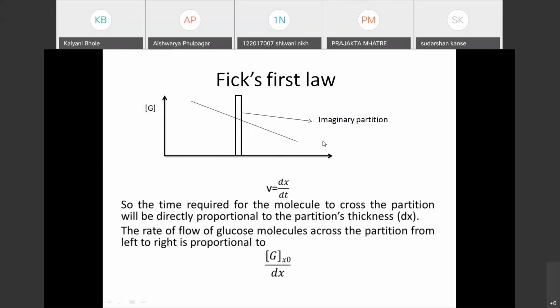At an instant of time, a certain number of glucose molecules will be situated at the left edge.